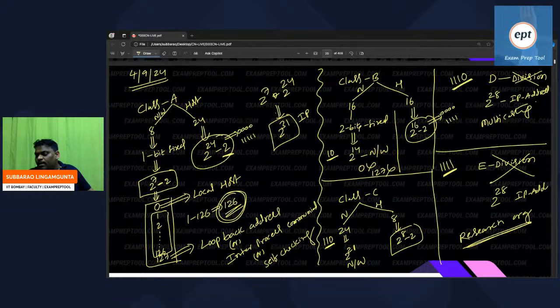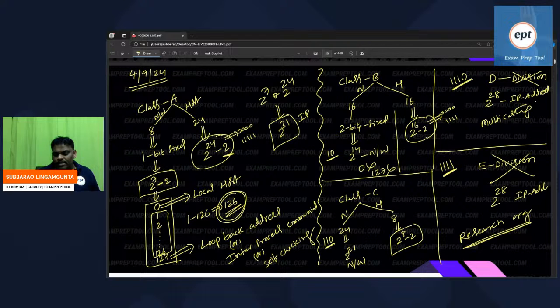Suppose you say we want some IP addresses for multicasting purpose. What is multicasting? Within a few minutes I will explain. If you ask, they will allocate from the D class. ISP people will allocate addresses according to your requirement.